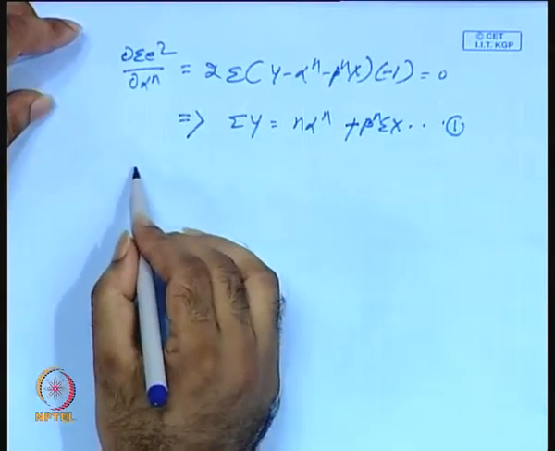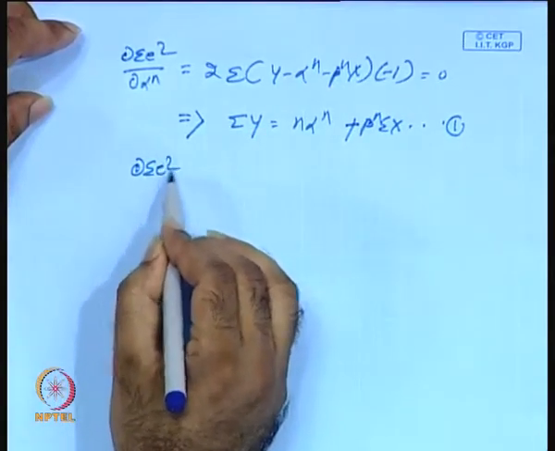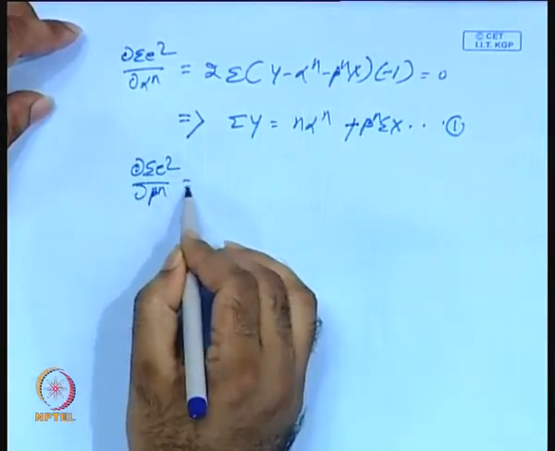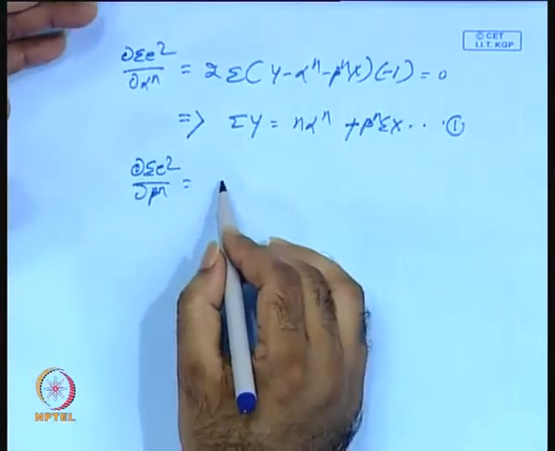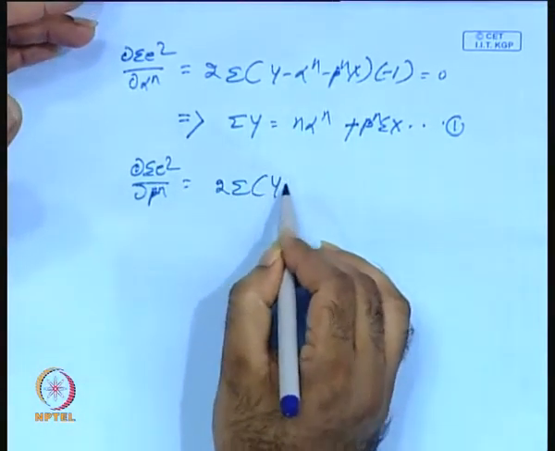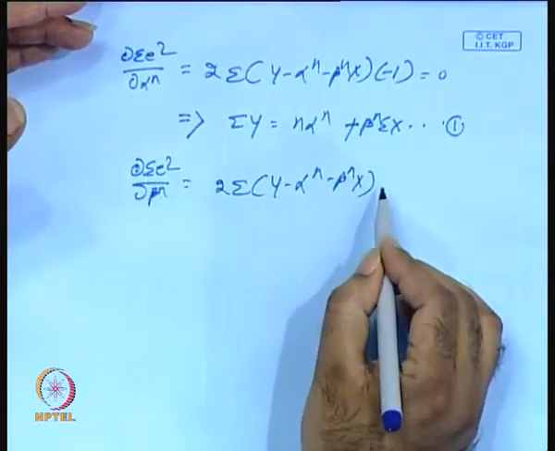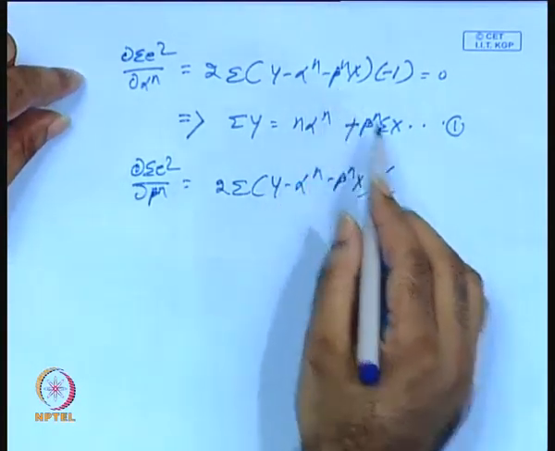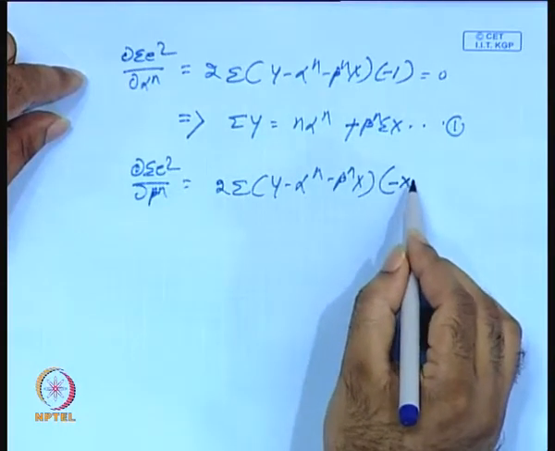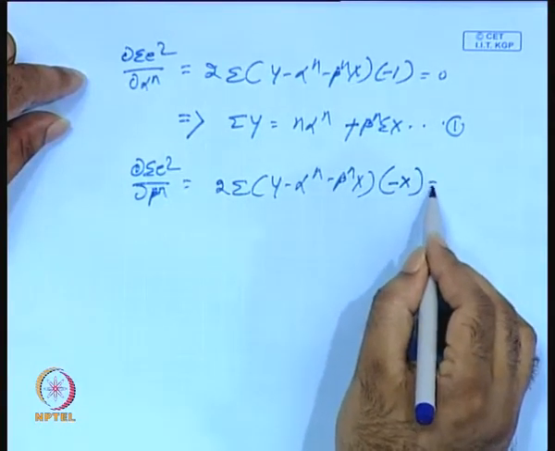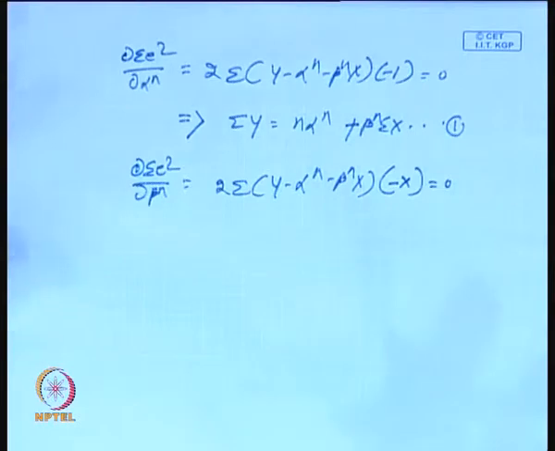Similarly, we have to calculate d summation E square by d beta hat. It is 2 summation of y minus alpha hat minus beta hat x, into the derivative with respect to beta hat, so obviously minus x is the extra term which has to be multiplied. This should be exactly equal to 0.